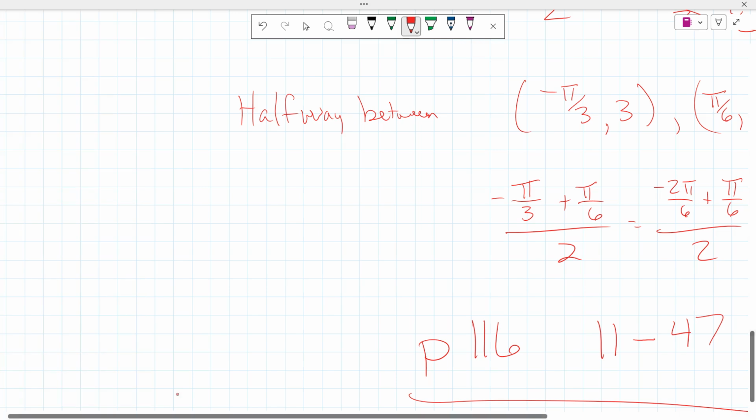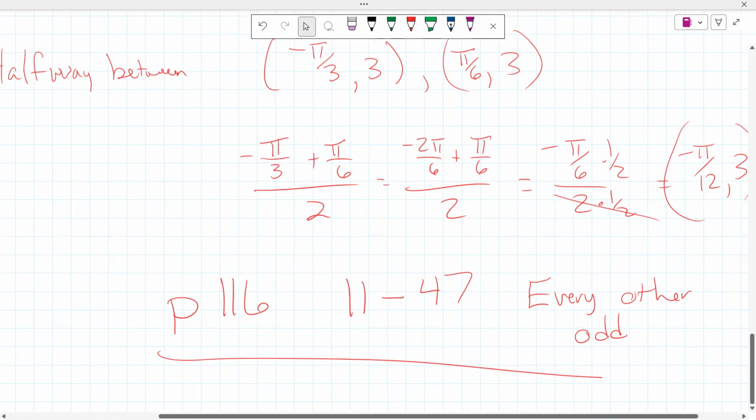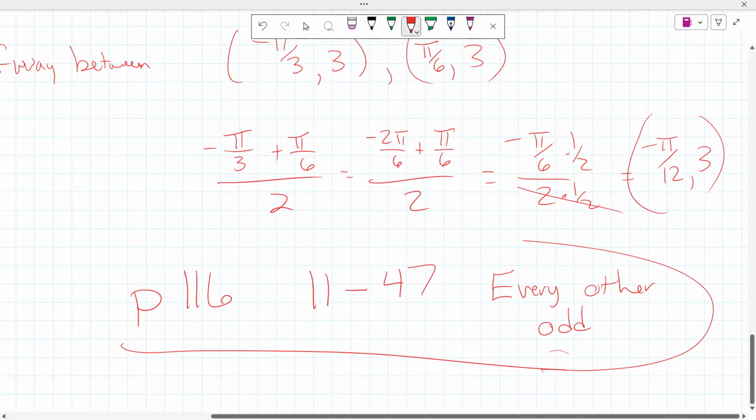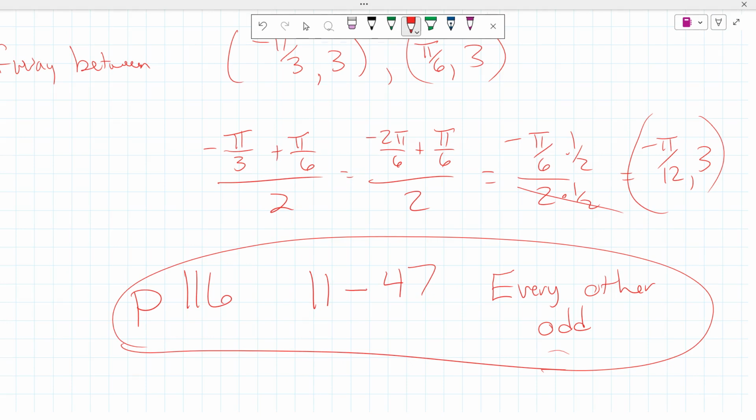What in the heck does that mean if Mr. Bierschbach says do 11 through 47 every other odd? The first question you do is 11. The second question you do is 15. And then you do 19. And then you do 23, and so on.